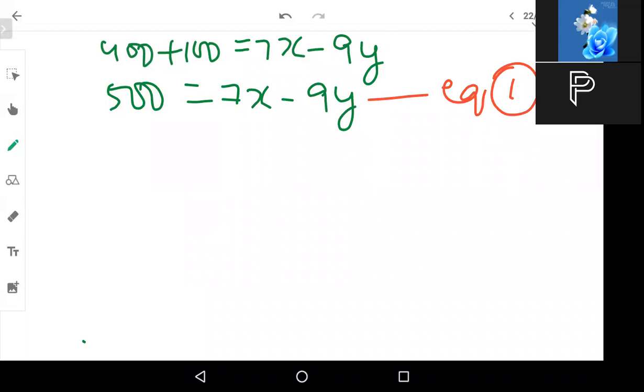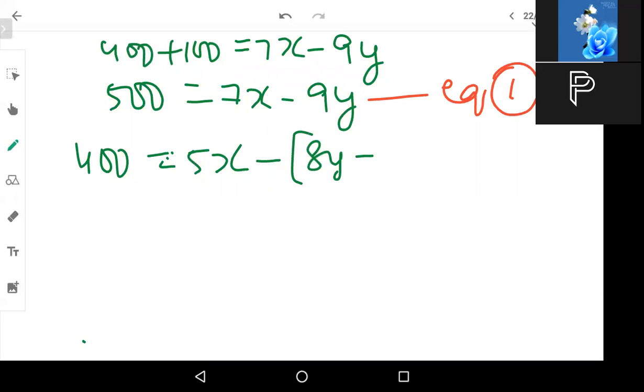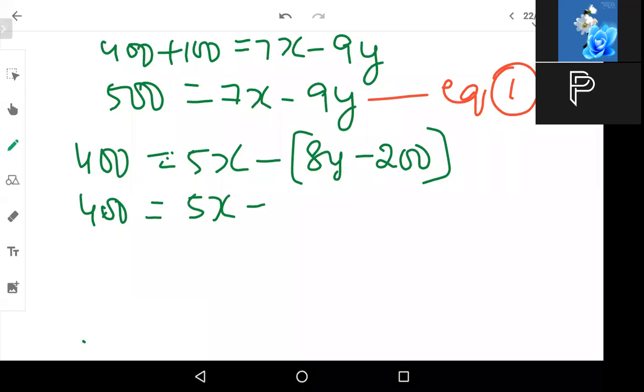Now let's take equation 2. 400 is equal to 5x minus (8y minus 200). So 400 is equal to 5x minus, again minus 1 into 8y is minus 8y.